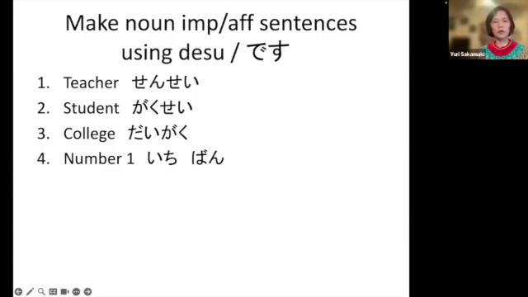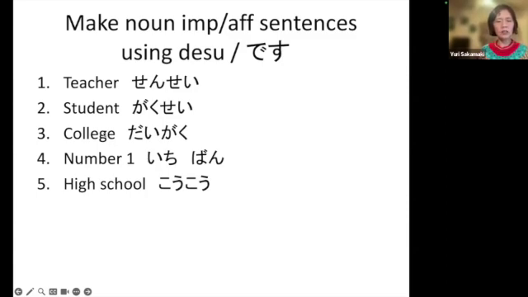So you are counting, kind of ranking something. So ichiban is number 1. How would you present that with politeness? 一番です.